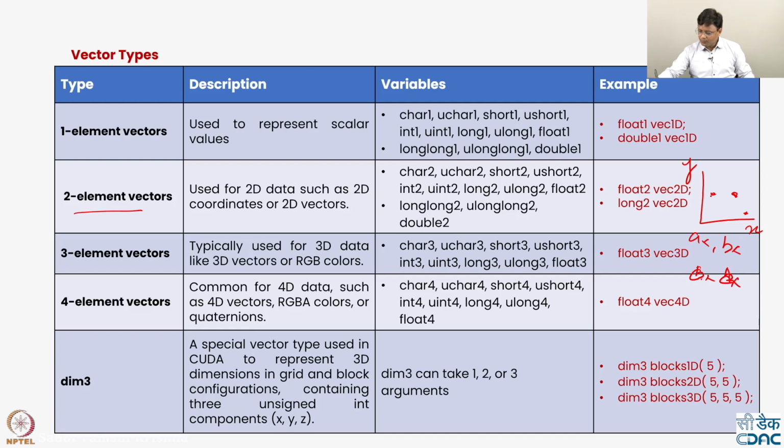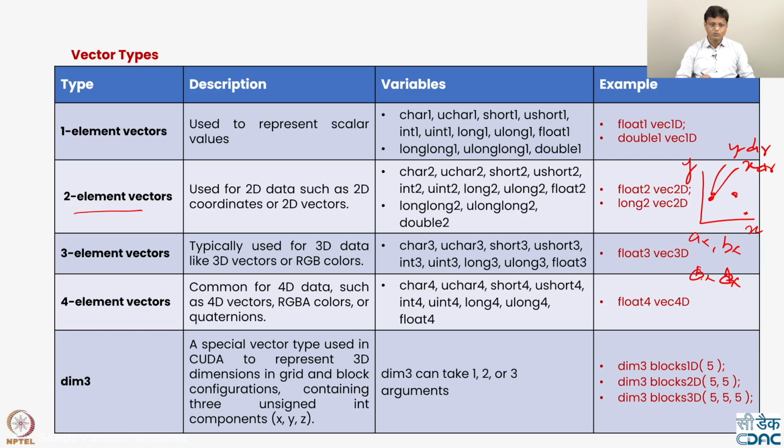Suppose you consider this dot, and two values are associated with it: one in the x direction and another in the y direction. You can define two variables for this dot to keep its coordinates.